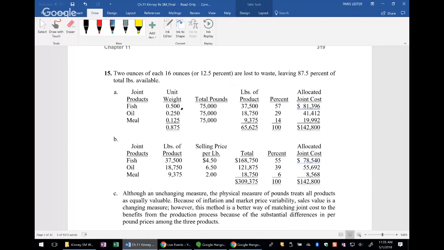Well, your total pound, you had the 37.5 given, right? Now, we have to get this part. Okay, somebody divide 37.5 by 65,625.